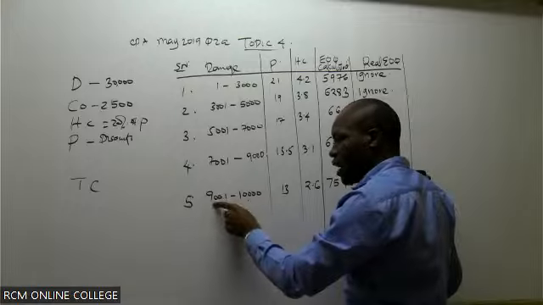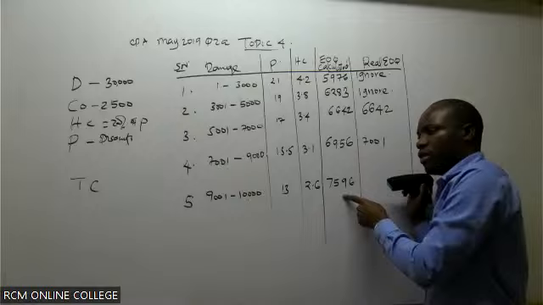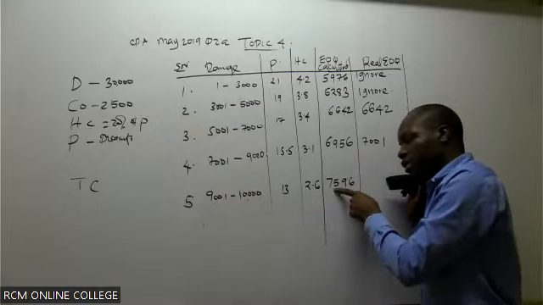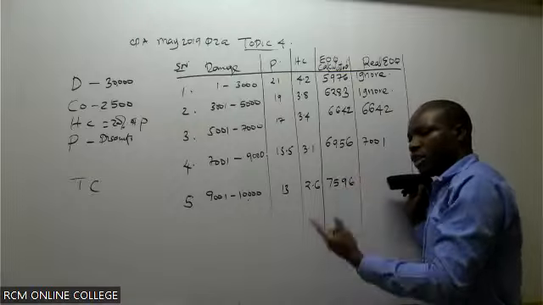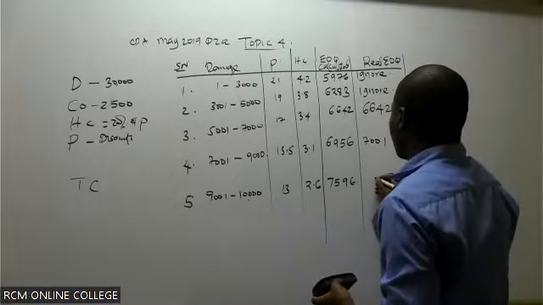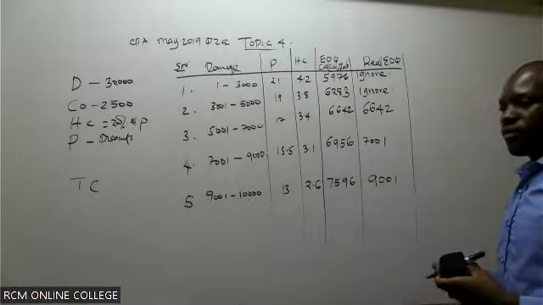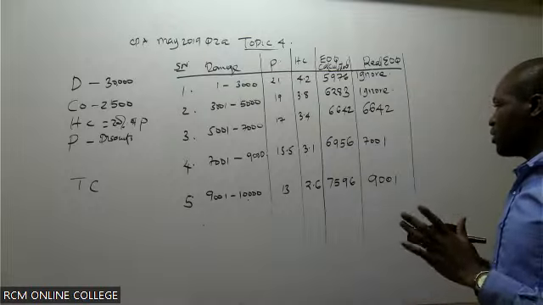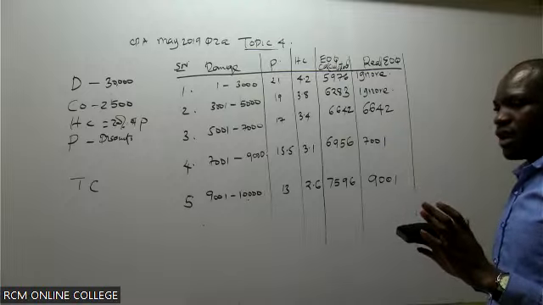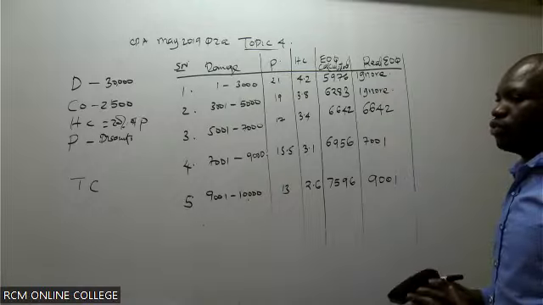And because 9,001 is above my calculated economic order quantity, if I order this, I've not violated the rule. You take a minimum of this or above this. So what am I going to do? I pick the lowest in this range, which is 9,001. Have we now seen that, those who are mentioning that we should ignore? Have we seen the logic? That is what you are required to do.